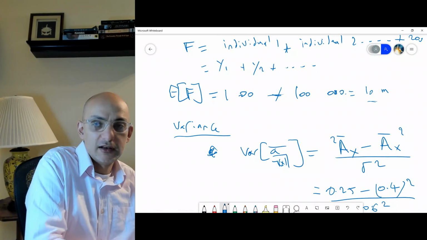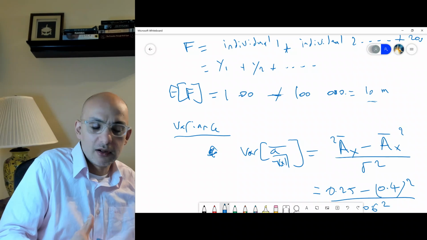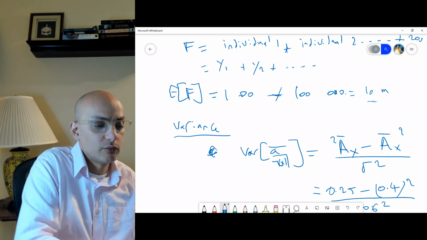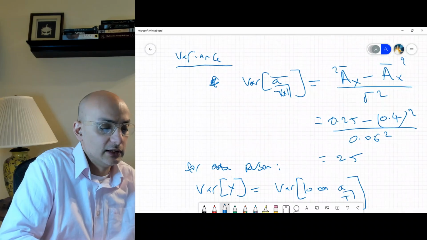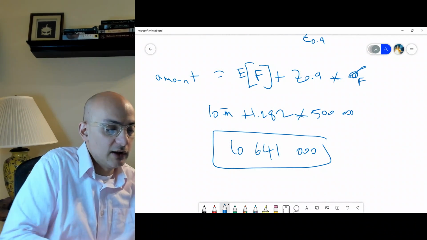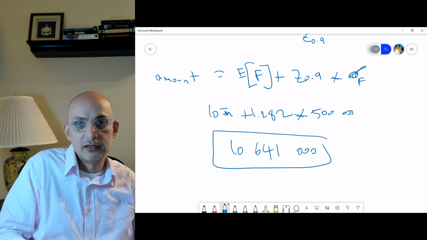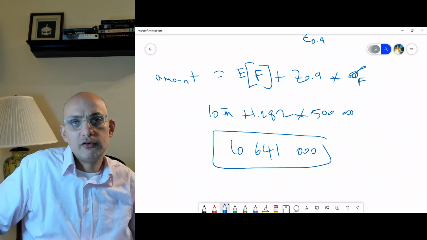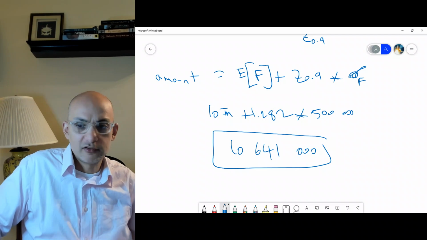But because of the risk measurement, you need to keep extra money to be certain. This one will be on average 10 million you need. And for risk management, you need to add extra 641,000. With this, we finish this session. We'll come back to other sessions as we move on to life annuity.